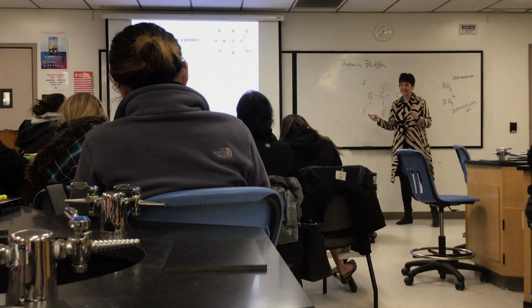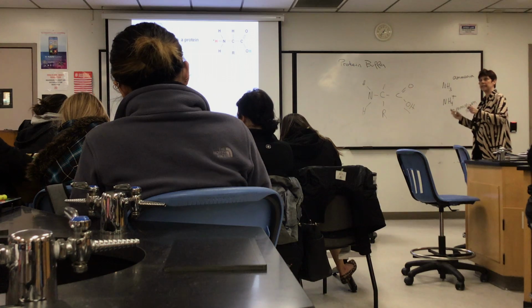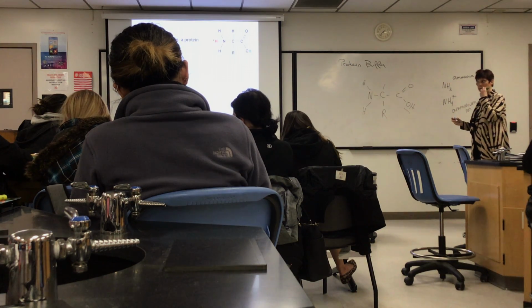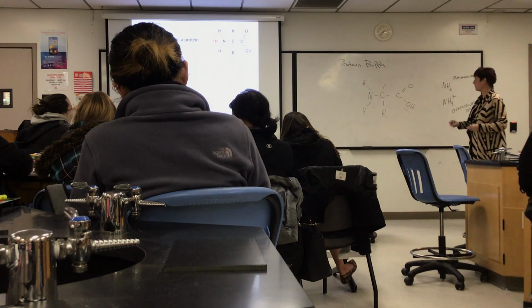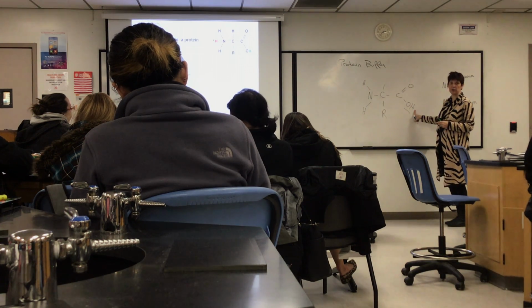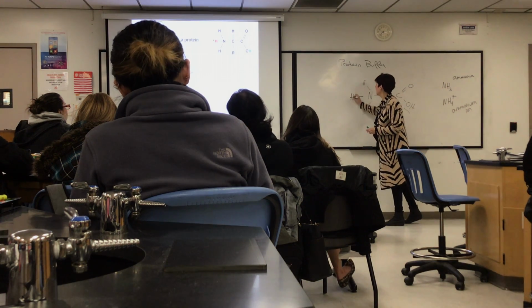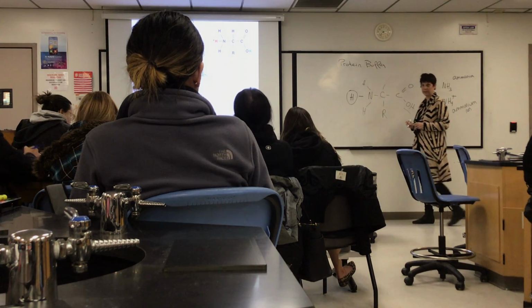So, a buffer has to be able to accept a hydrogen or to release a hydrogen, all right? So if we are accepting a hydrogen, this oxygen is already going to have its hydrogen attached to it as a hydroxyl group. And we add this extra hydrogen, okay?